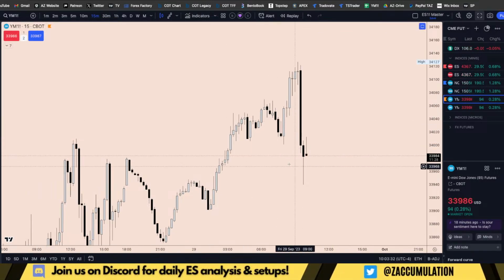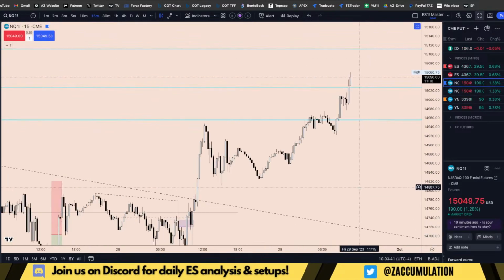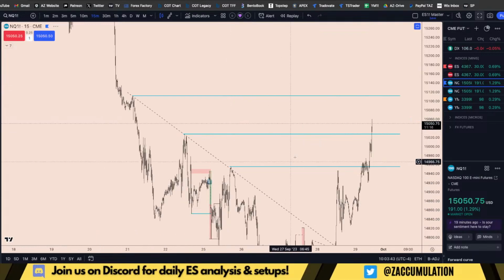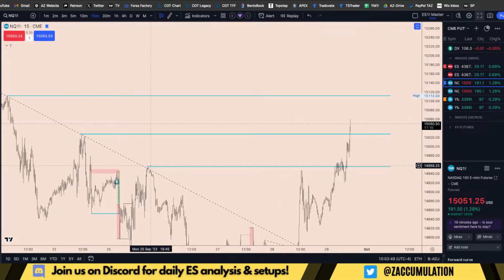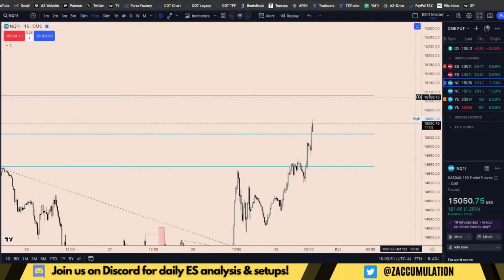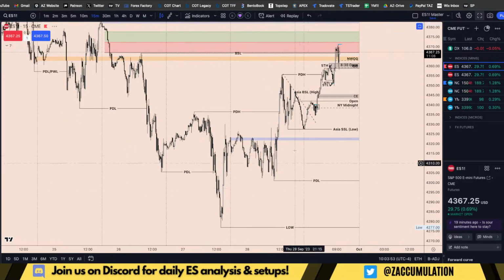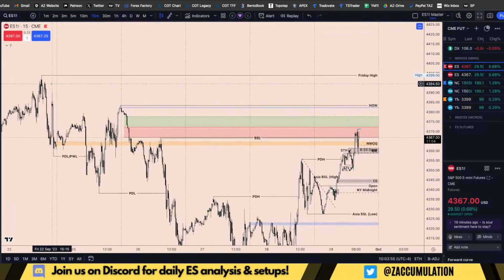Well, if you'd ask me, it's sort of the perfect pump, dump, bearish fair value gap. We just tapped into it. And NQ continuing to go higher. Next buy side target, like I said, 15,112. We're already above Friday's high and Monday's high. ES is still creeping below these two levels.